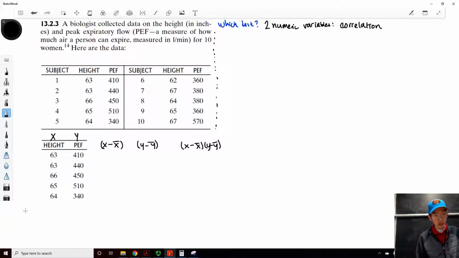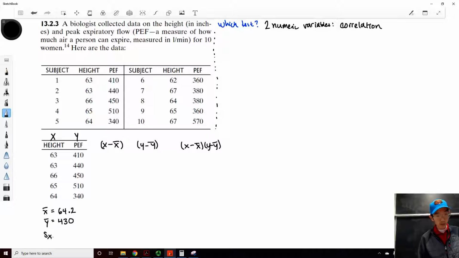Okay. All right, so the mean of X, X bar, is 64.2. Y bar, it's just the mean of these 5 numbers, is 430.